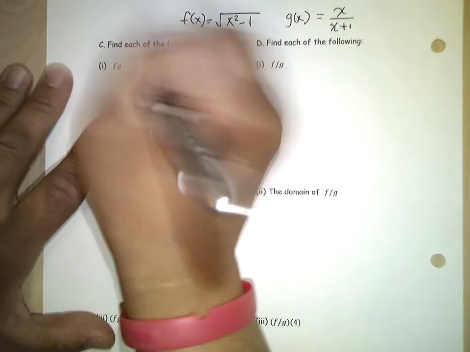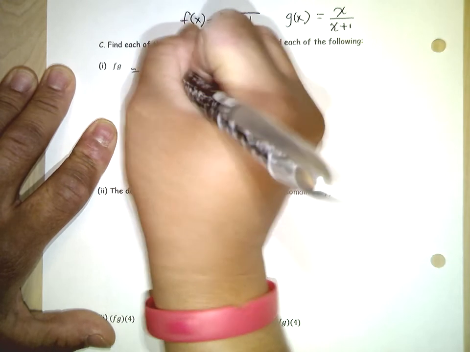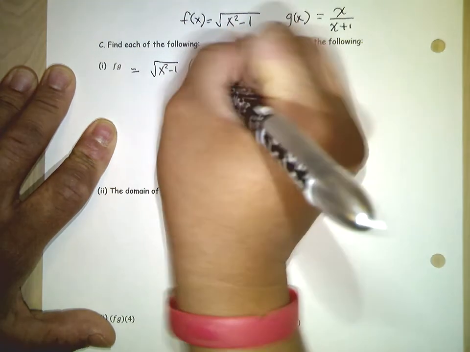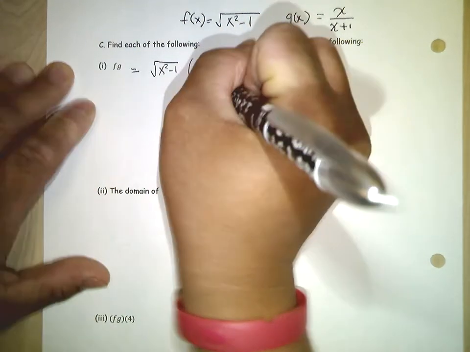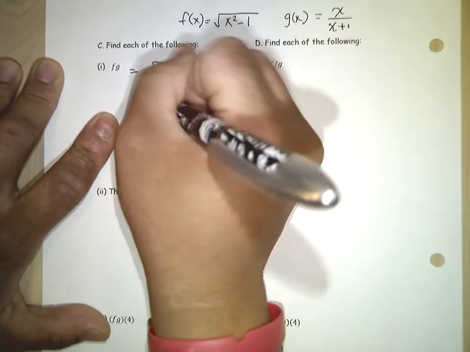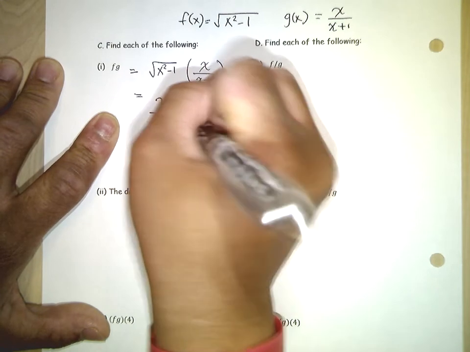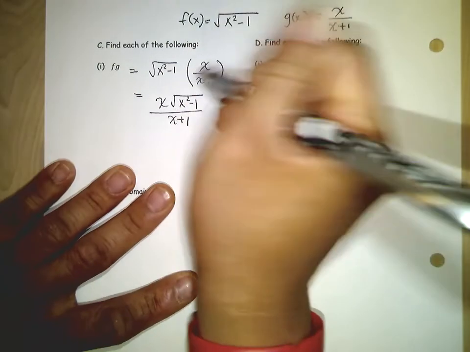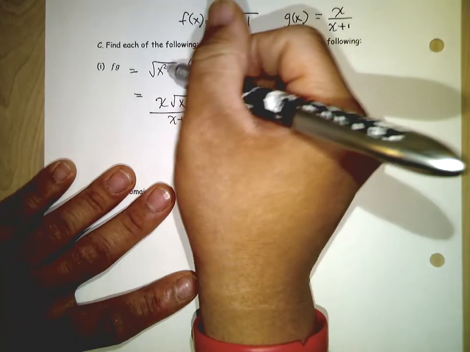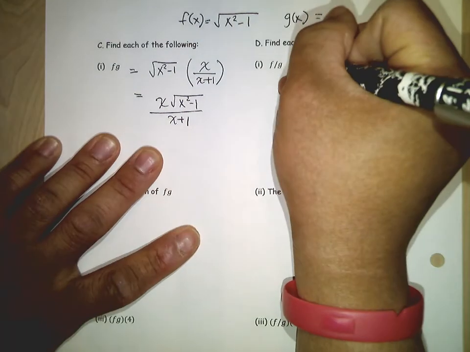And f times g will be square root of x squared minus 1 times x over x plus 1. Again, I can write this in a simpler or nicer format, maybe x square root of x squared minus 1 all over x plus 1. I would normally write the x first so that I don't accidentally multiply it to what's under the square root, called the radicand there.